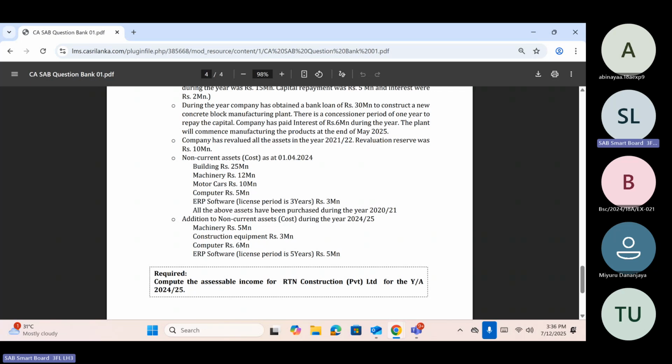But we didn't have any donation to approved charity here, right? So in donation to approved charity, we have to consider this. What is that? Only cash donation. Cash donation, remember, right? Memorize it. And to a charitable institution.